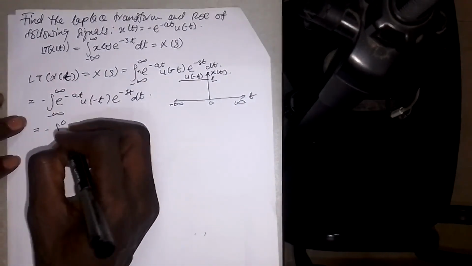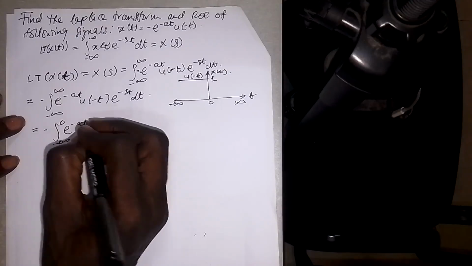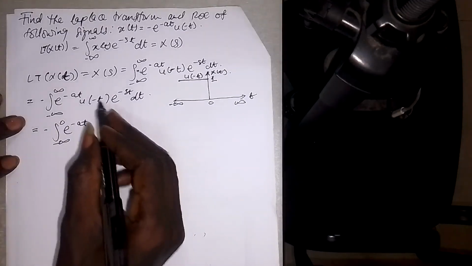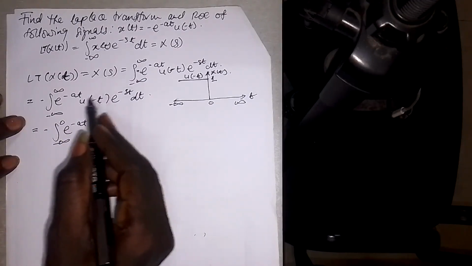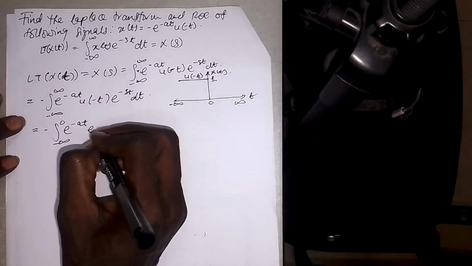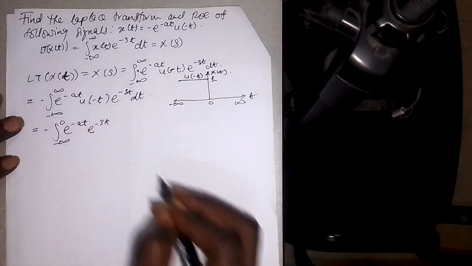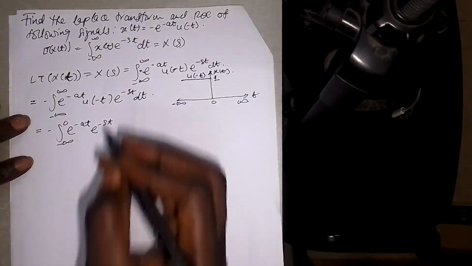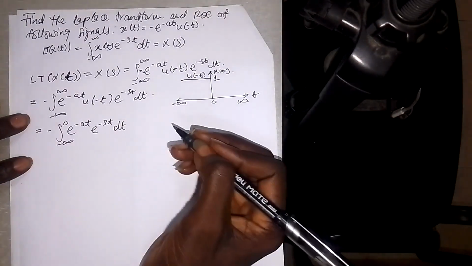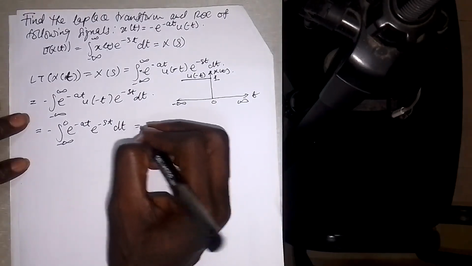So here I'm going to have e to the power of minus at. Now I've already dealt with the behavior of this unit step signal, so I can ignore it from my equation, and I can just write e to the power of minus st dt.